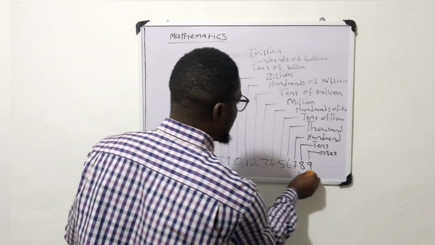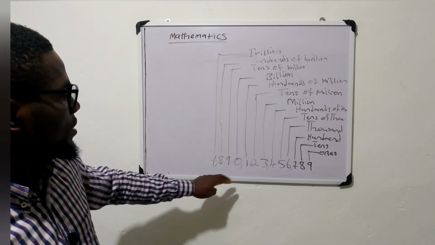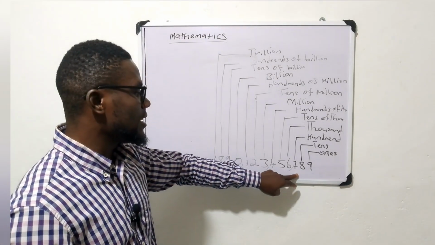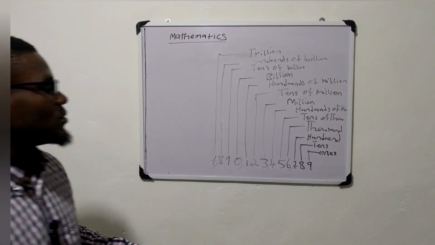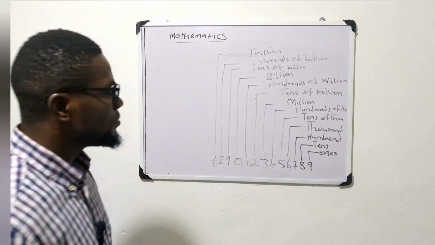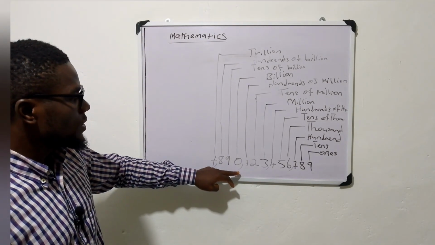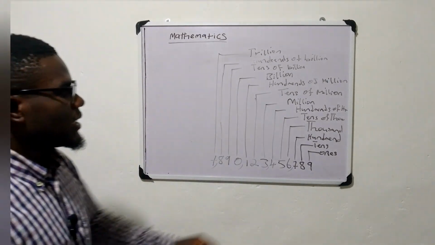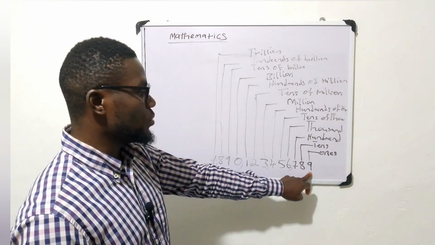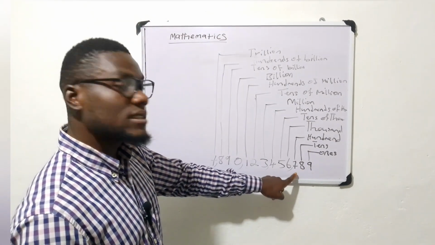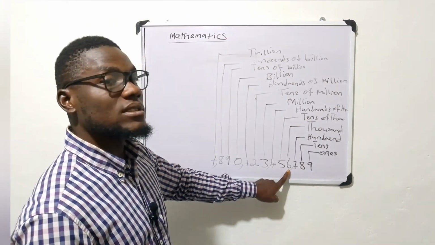So at this point, let's look into the place value of each digit and how we can use it to solve other problems. Okay, let's read this number first. This is 1, ones, tens, hundreds, thousands.